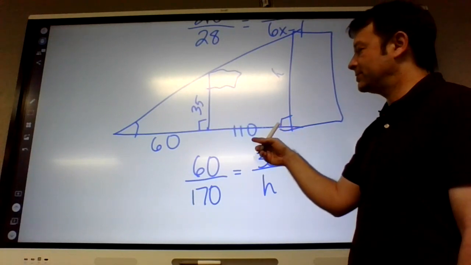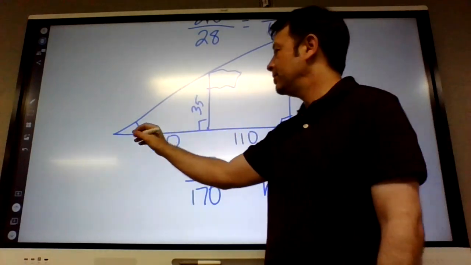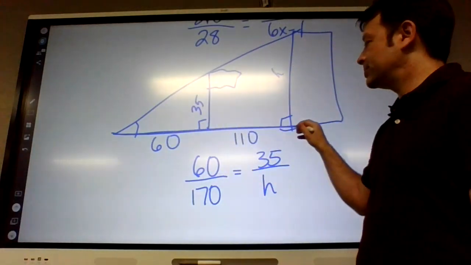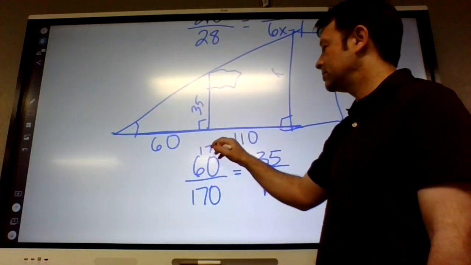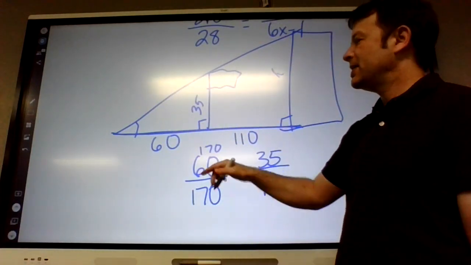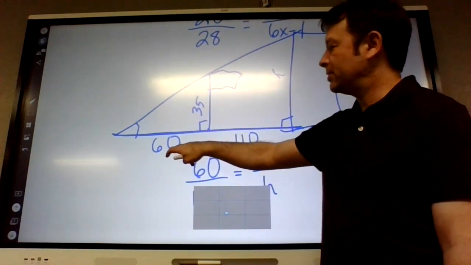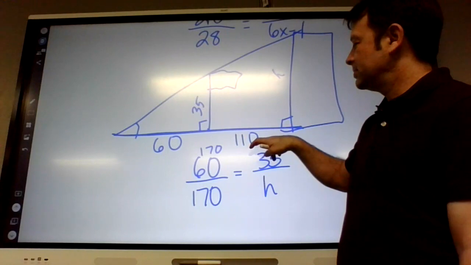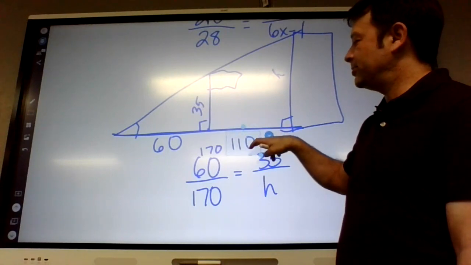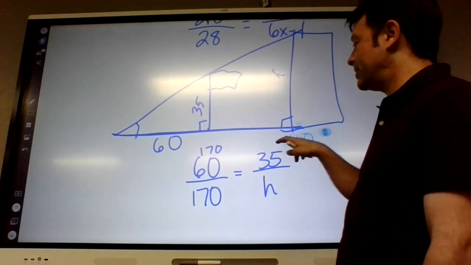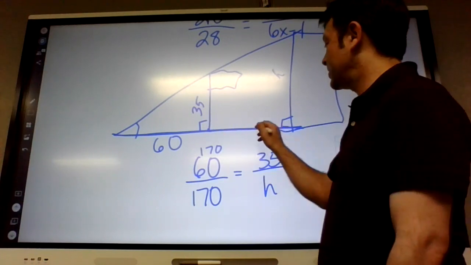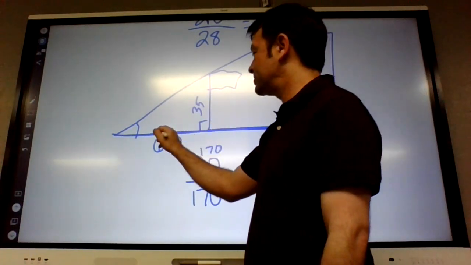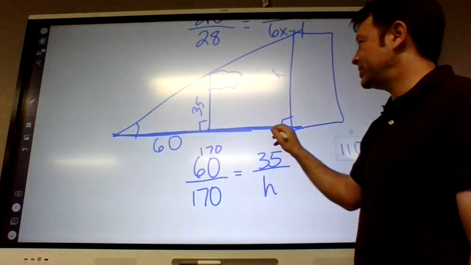Sometimes they don't tell you the whole thing right here is 170. Does that make sense? If you go side on the little triangle, you need to do the matching side on the big triangle, which is not 110, because that only goes from there to there. You would need 170, the side on the big triangle.